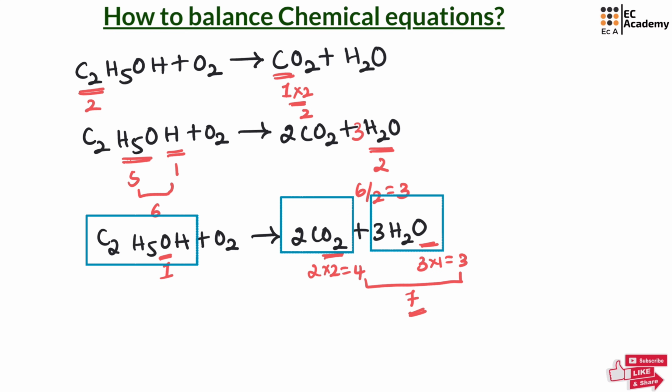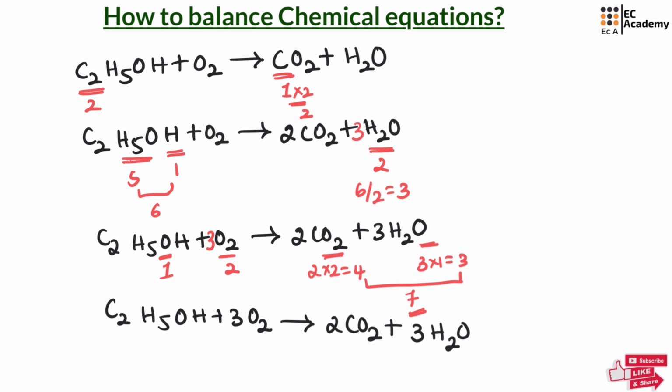Therefore, oxygen atoms needed from O2 are 7 minus 1, that is equal to 6 oxygen atoms. Each O2 molecule contains 2 oxygen atoms. Therefore, 6 divided by 2, that is equal to 3. Place 3 before O2. The equation will become C2H5OH plus 3O2, that will produce 2CO2 plus 3H2O. This is the final balanced equation.